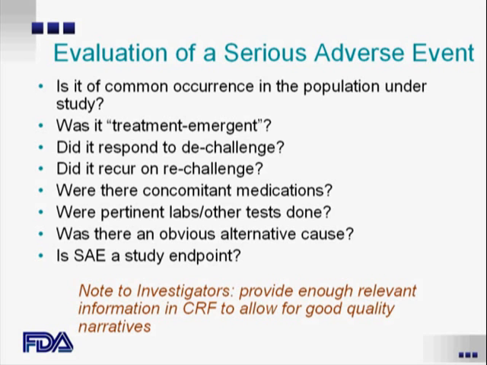Also, whether there's an obvious alternative cause, and if this serious adverse event is a study endpoint, that is very important because even though you're going to be reporting it to the sponsor, it will not be reported to the FDA as an expedited report if the adverse event is a study endpoint. For example, mortality.